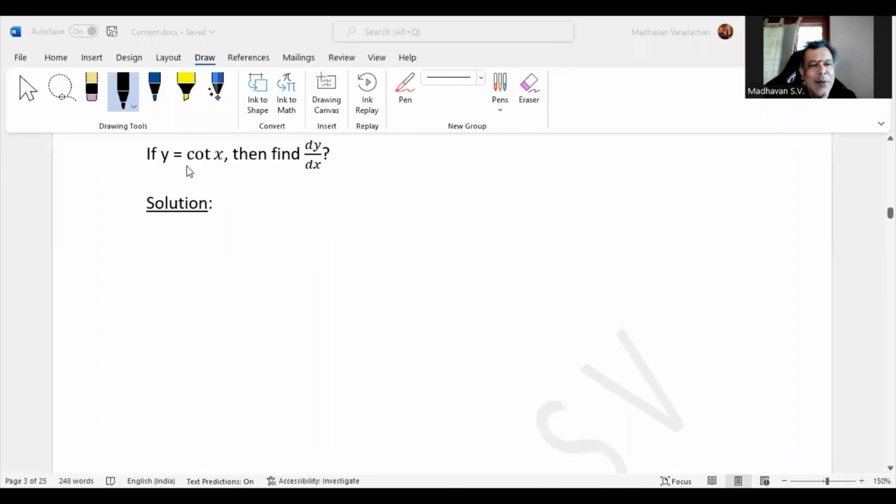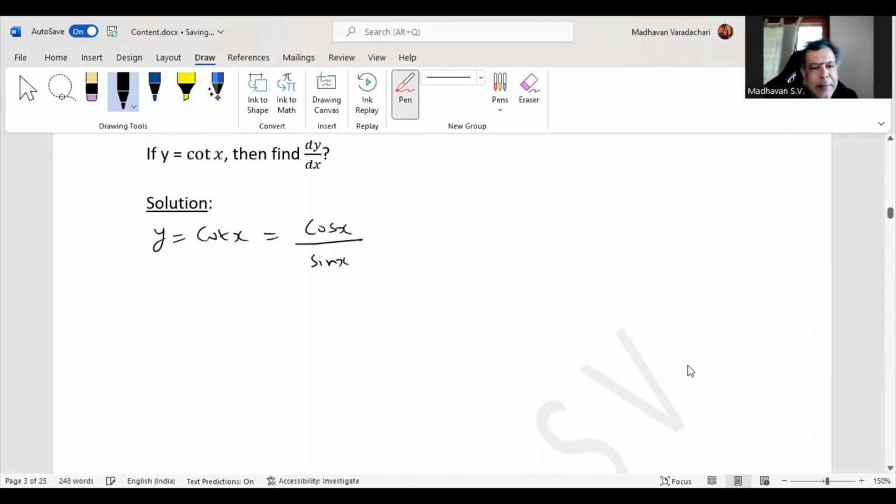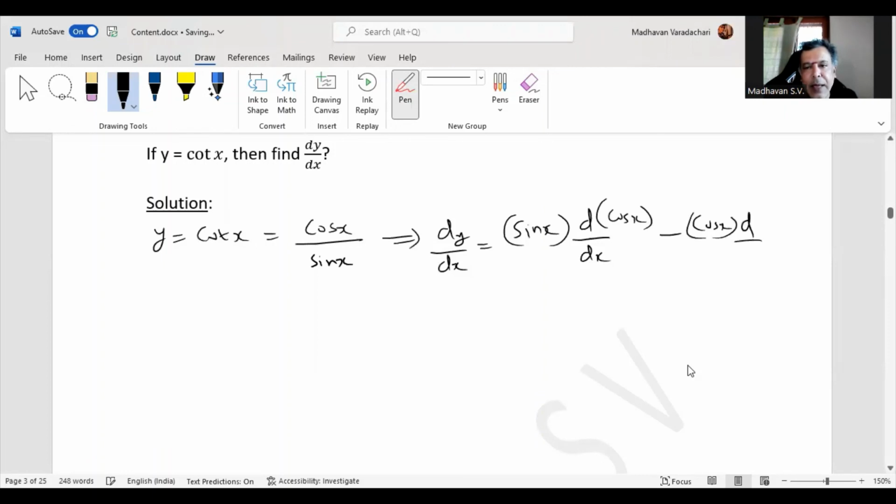If y is equal to cot x, then find dy by dx. So y is cot of x, and that is nothing but cos x divided by sin x, which means our dy by dx will be sin x, that is denominator, times d by dx of cos of x, minus numerator, which is cos x, d by dx of denominator, which is sin x, a whole thing divided by sin square x.